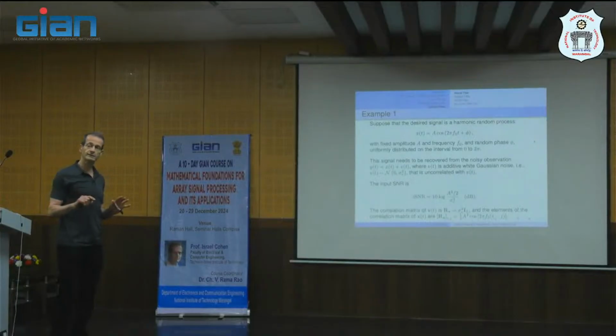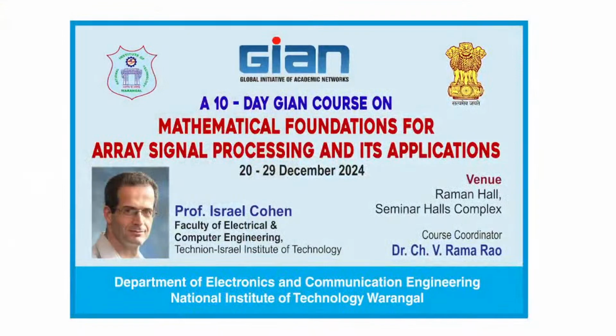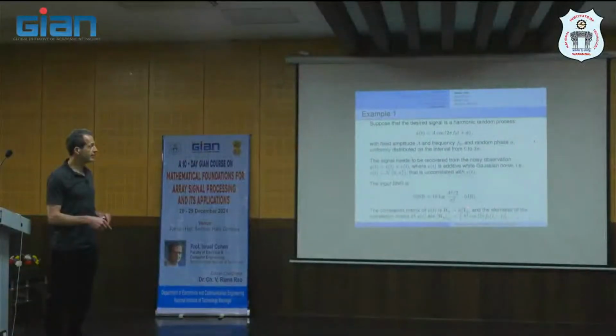For white noise, any two different samples in the vector v are uncorrelated. That's why in the correlation matrix it will be 0. And along the diagonal, because it's the same variance, we have sigma v squared.